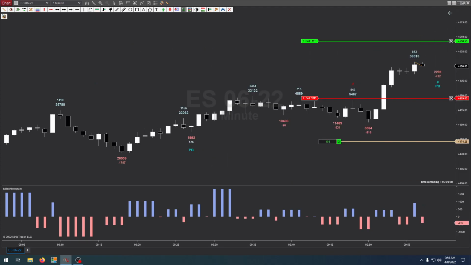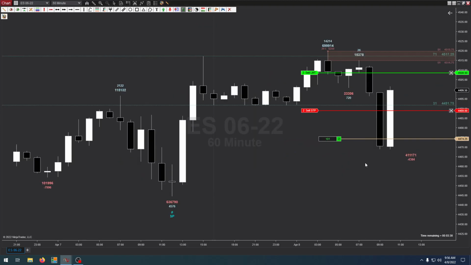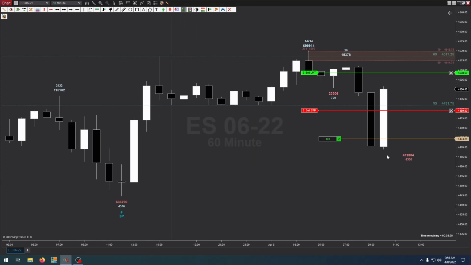I'll take this one off and I'm going to show the hourly again because this is the reason I'm trying to stay in this trade. If this thing here can go up the next candle in 3 minutes, basically 3.5 minutes, and confirm a swing high, then we have a chance to get here.